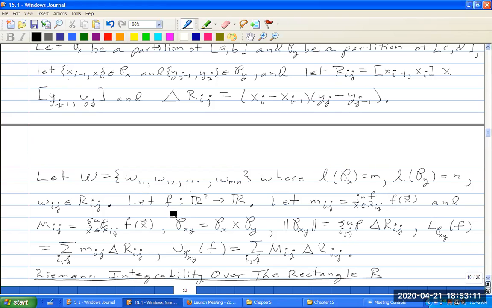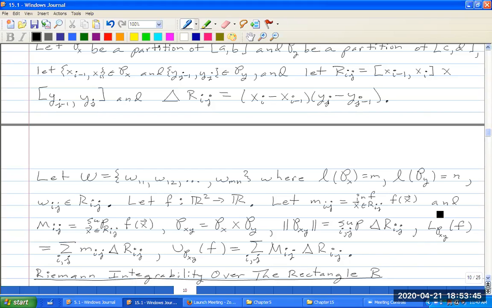Let P, the partition P sub xy, be the Cartesian product of the partition of x cross the partition of y. Let the norm of this partition in both x and y variables be the sup over i and j of delta r sub ij.